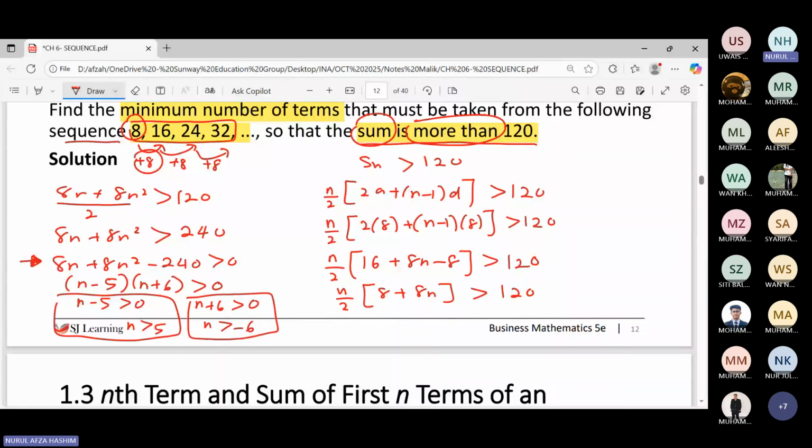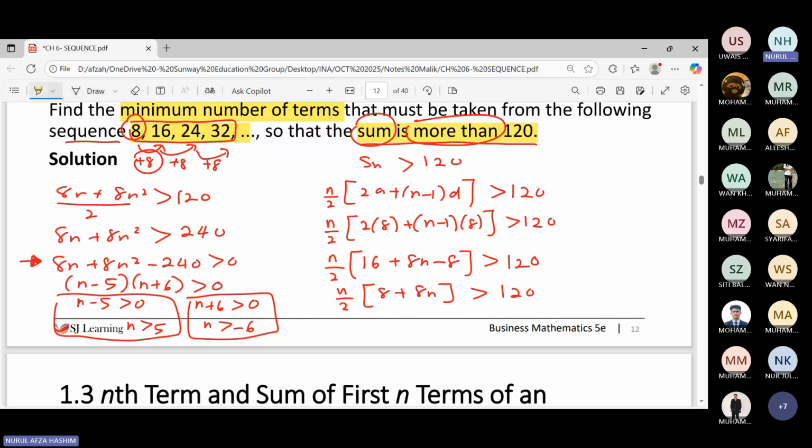So which one do you choose? You choose n larger than 5 or n larger than negative 6? Larger than 5, madam. Because n cannot be negative. N starts from 0. We don't start n from negative. So n must be larger than 5.